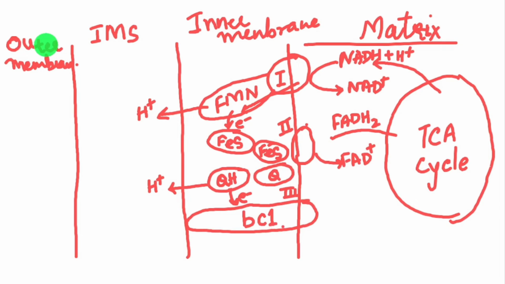From here the electron travels to cytochrome C. Cytochrome C is mentioned in the textbook. It is on the outer side of the inner membrane. So over here, cytochrome C. From cytochrome C, then it goes to the fourth complex, complex number 4.